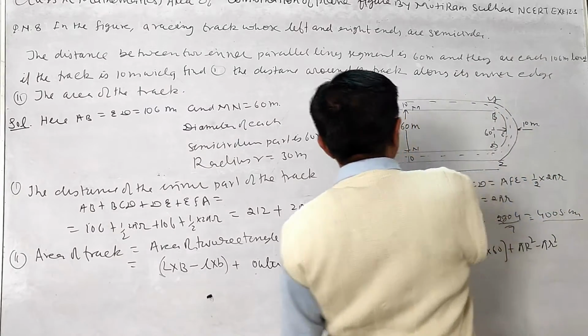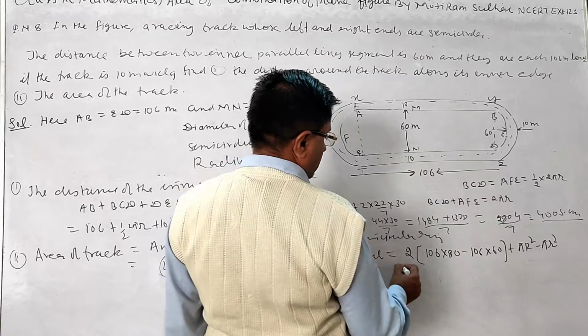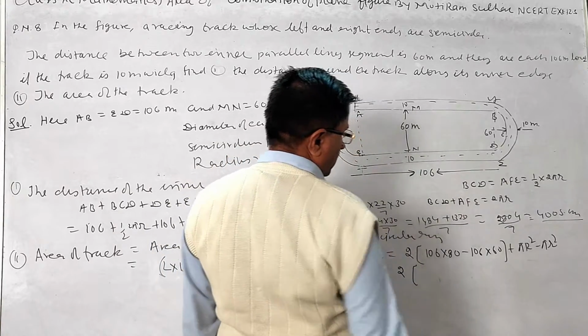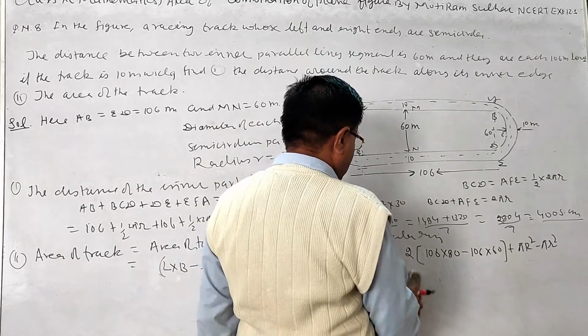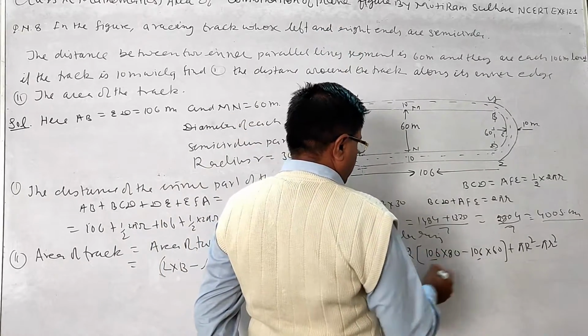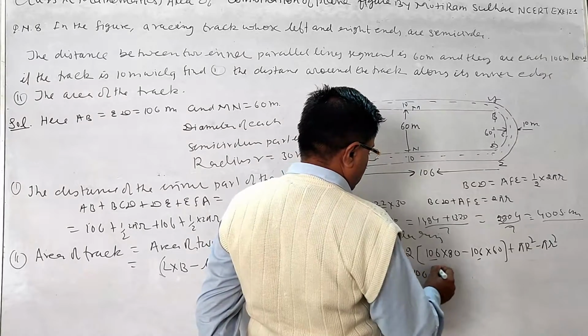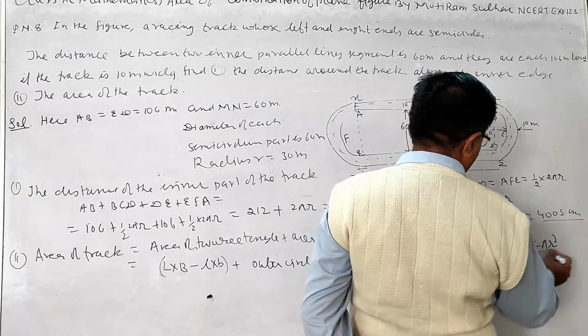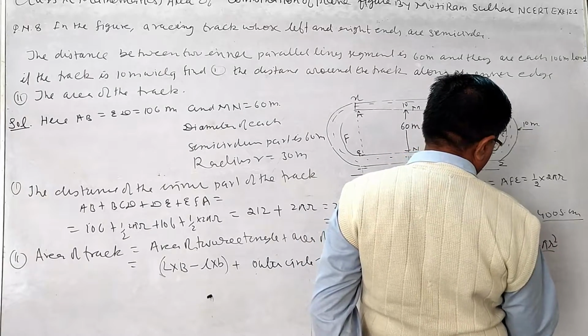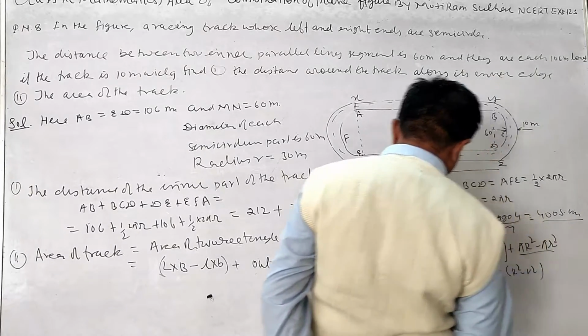If you combine both circular parts, so you can say 2 into here 106, you can take common for easy calculation. This 106 if you take common, then what we get: 80 minus 60, plus here you can take pi common, so R square minus r square.